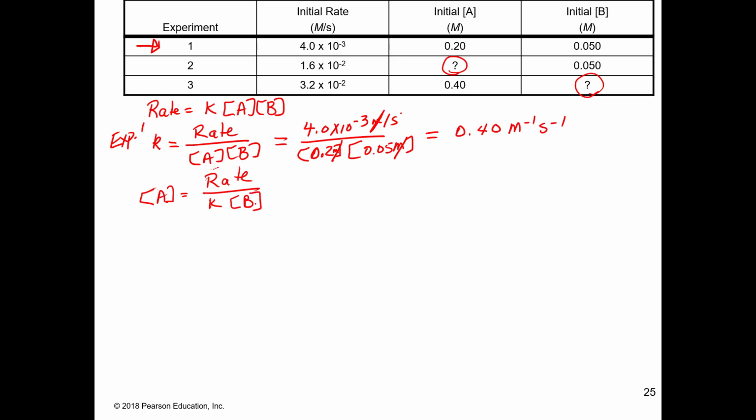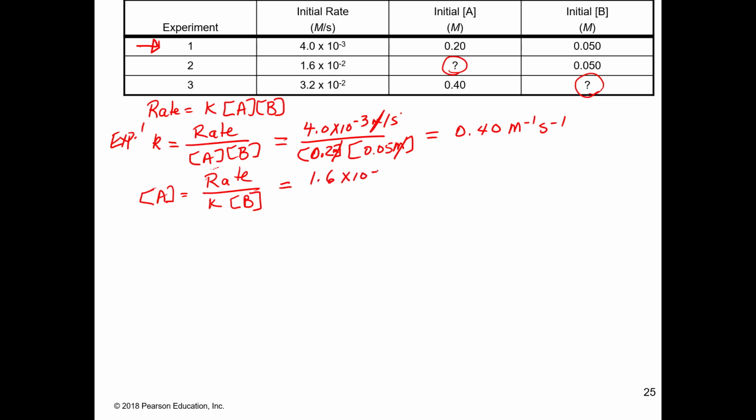Now, if you have trouble rearranging equations, and I kind of drilled y'all on this a little bit if you had me for 111, there is something on the Mastering that goes through how you do this. So again, this is a math thing that you might have to review.